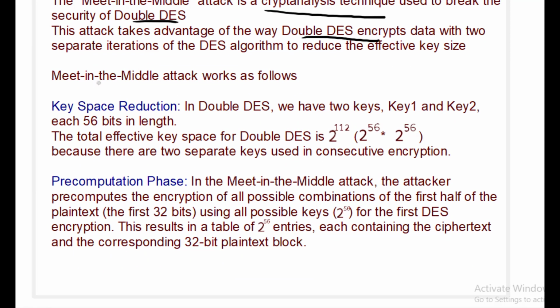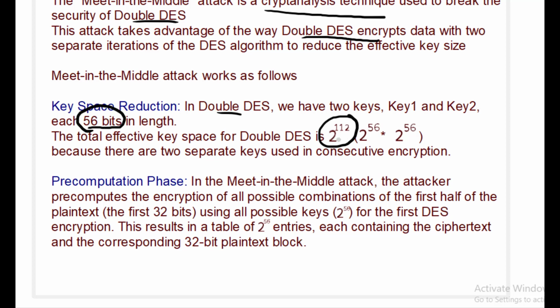The very first step is key space reduction. In double DES we have 2 different keys, and each key is of 56 bits. So the effective total key space is 2 raised to 56 into 2 raised to 56, so it becomes 2 raised to 112, because we are using 2 different keys.